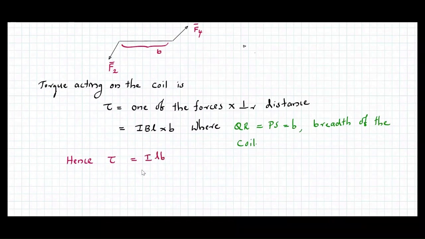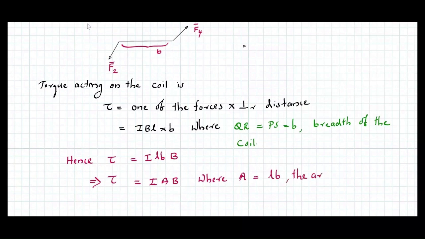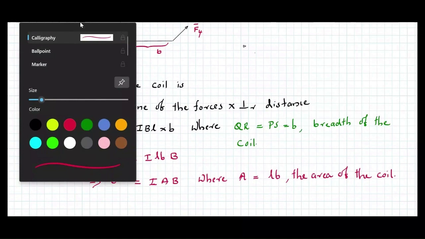If L is the length of the coil and b is the breadth of the coil, then L into b becomes the area of the coil. Therefore, we can write tau equal to ILbB, and we can represent it as tau equal to IAB, where A is the area of the coil, which is L into b.